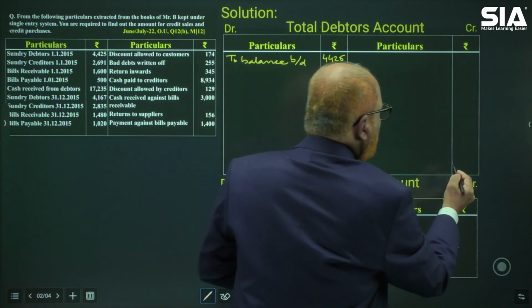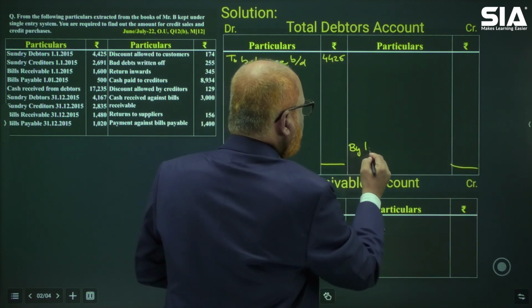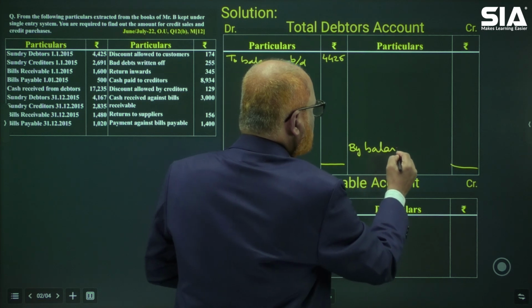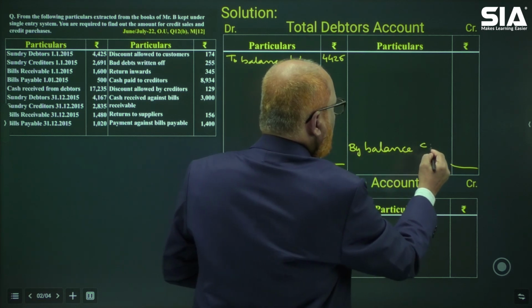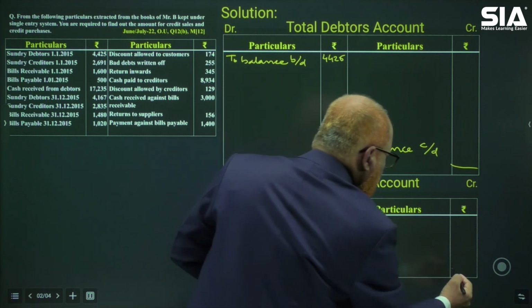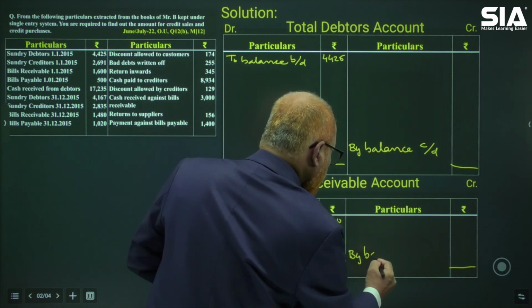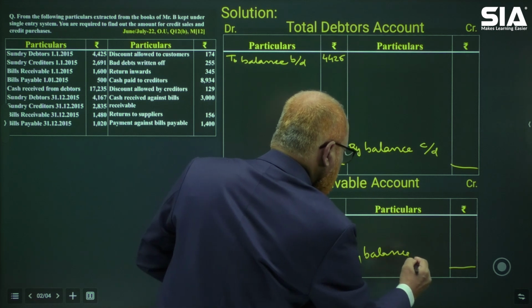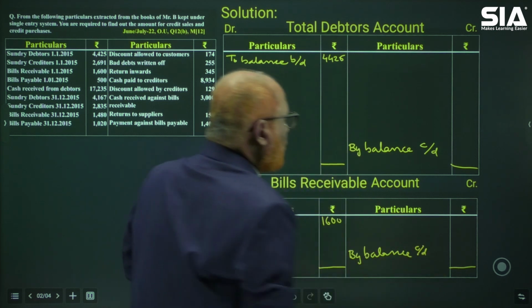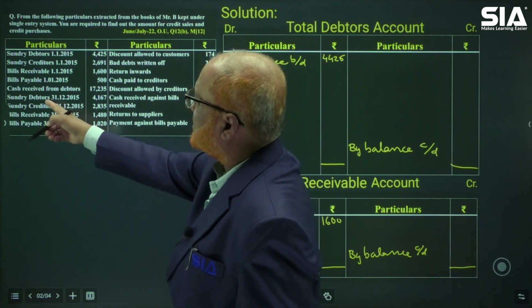So what I'm taking, lastly, balance by balance carried down. Here also I am going to take last item by balance carried down. What is the closing balance of bills receivable? Oh, sorry, sundry debtors.